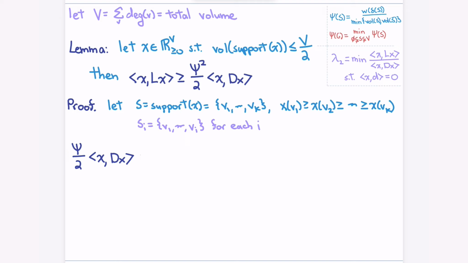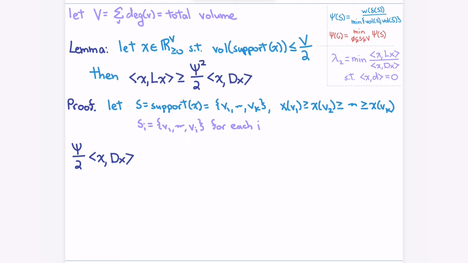So let's say X is supported by K vertices, which I'll write V1 to Vk in decreasing order with respect to the value in X. These are the non-zero entries, which for us is strictly positive because they're non-negative to begin with. And I'll let S I always denote the 10 biggest entries, 11 biggest entries, things like this.